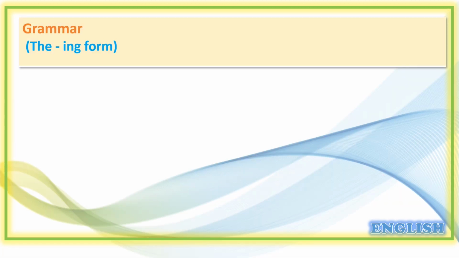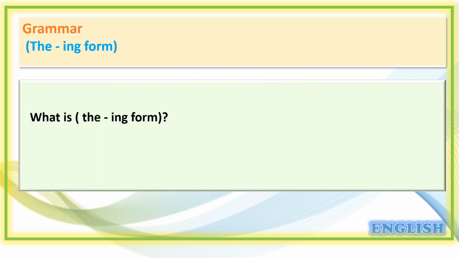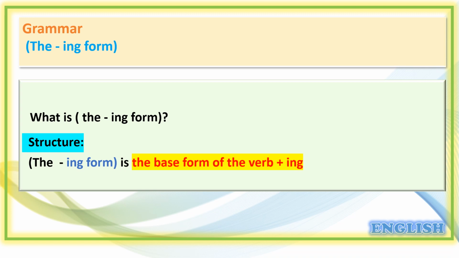Well, let's together get to know the definition or the structure of the ing form. Here comes the question. What is the ing form? Well, the ing form is the base form of the verb plus ing.